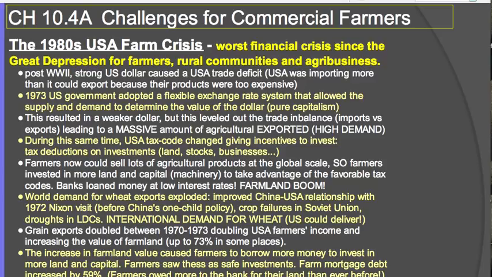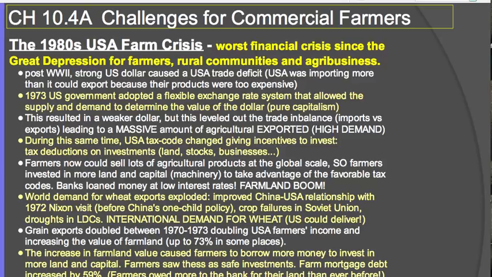So farmers were seeing that there was a lot of money to be made by buying up land, growing wheat, and selling it not only to our country but to the global market. So they were buying more and more. They were going more and more into debt, but banks were loaning money to them because they saw that they could make money too.